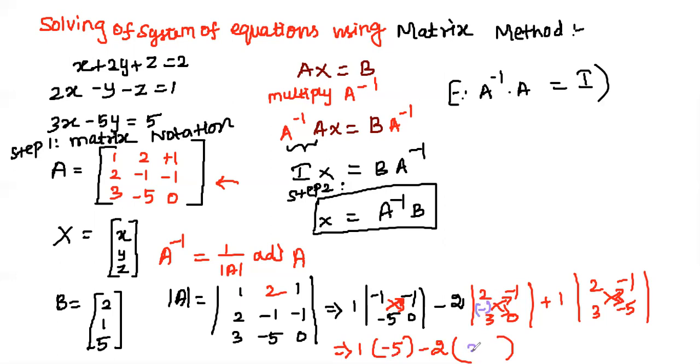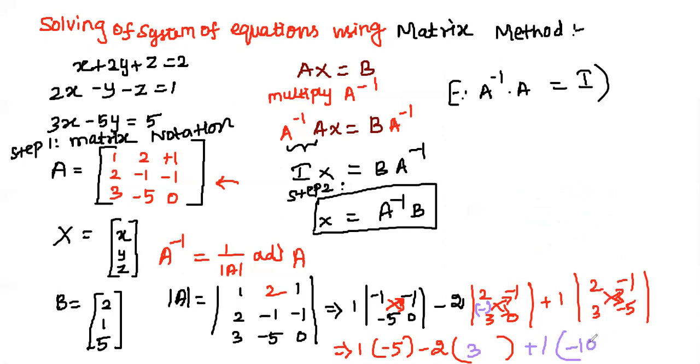So that will become positive 3. Minus 1 into 3 will give you minus 3, and for the upward arrow mark you include another minus sign, which is plus 3. Are you getting it? Yes, ma'am. Okay.